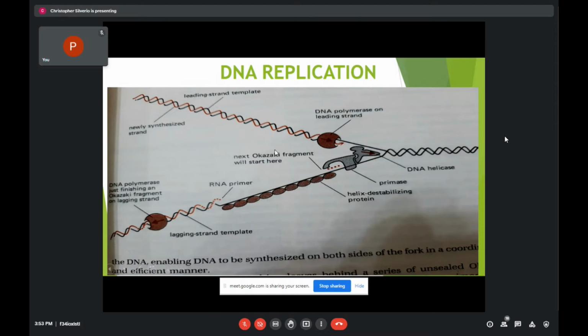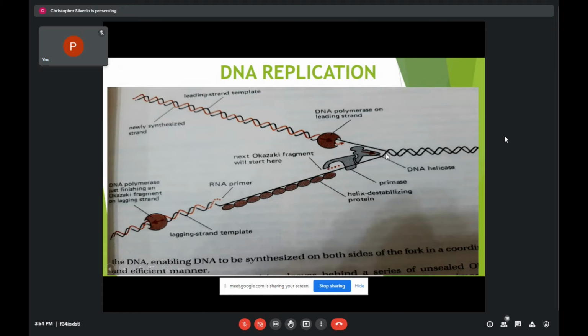And the enzyme that is responsible for the opening of the DNA is known as DNA helicase. This is the one.